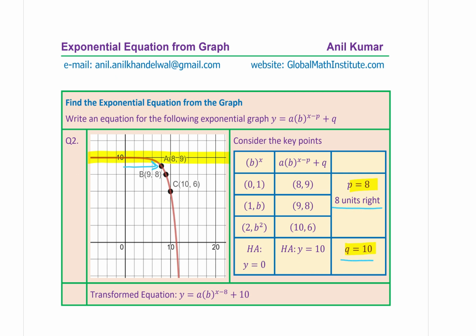And this is your vertical translation, 10 units up. So these two give you the value for P and Q. And therefore, we can now write our equation as y equals a b to the power of x minus 8 plus 10. Now we can use any 2 points to find the value of a and b.